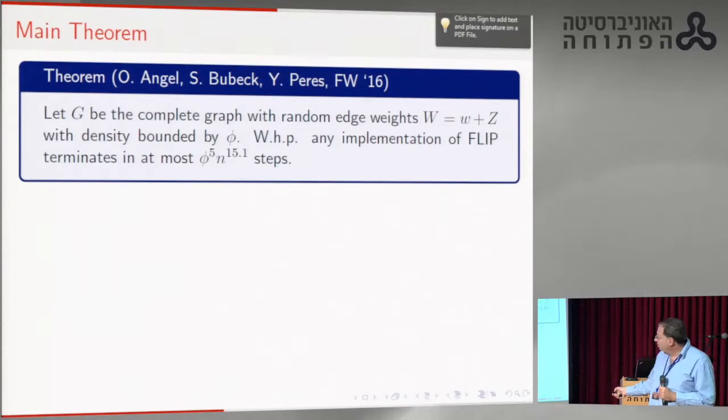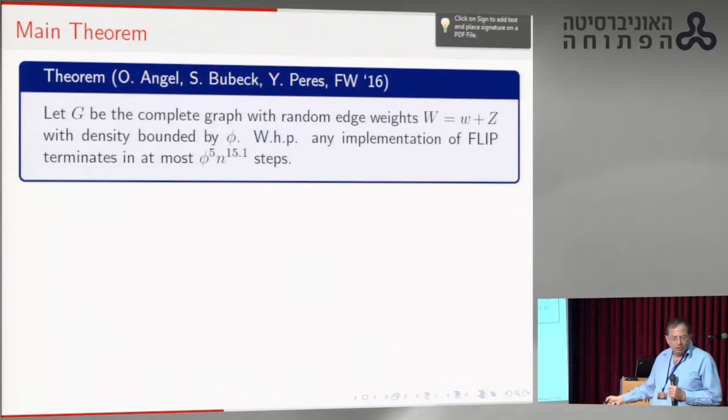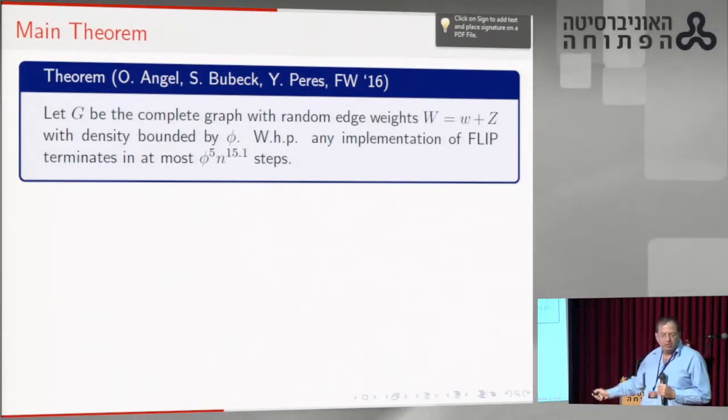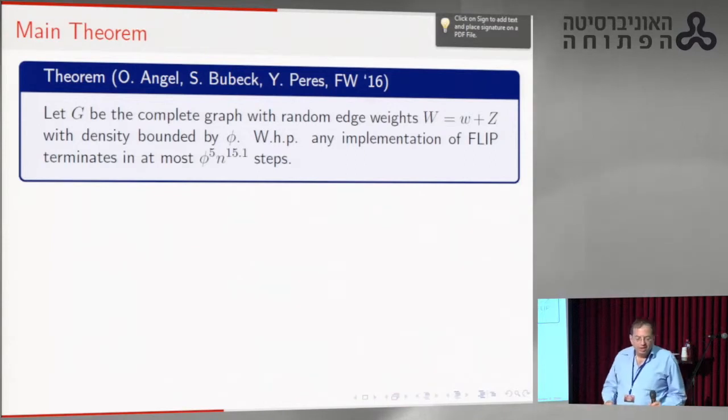So whatever length of interval you smooth on, the inverse of the length of that interval is this phi, because that's the bound on the density, and we pay a phi to the 5th. So you really don't want to smooth an interval of length 1 over a million and rely on our bound. But of course, this is a theoretical bound. It's the first proof that this is polynomial.